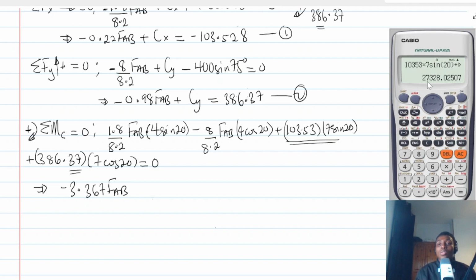So that is what we get. Oh no, the decimal point is supposed to be here. You have to be very careful with your computation. All right. So 2789.35.